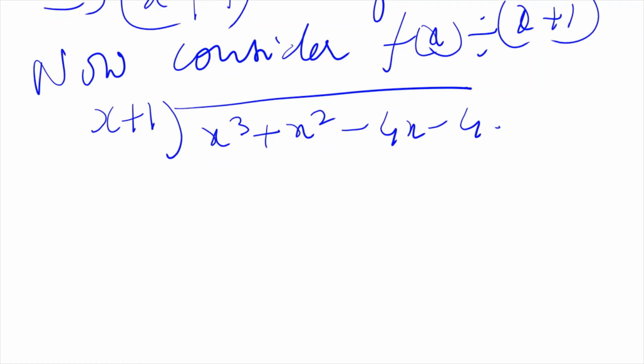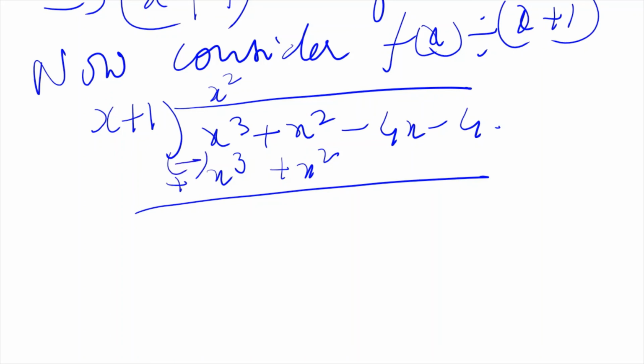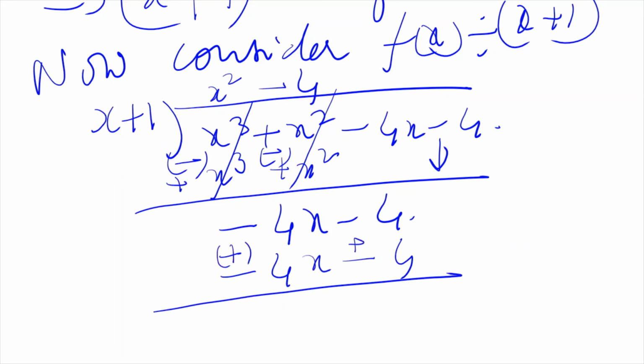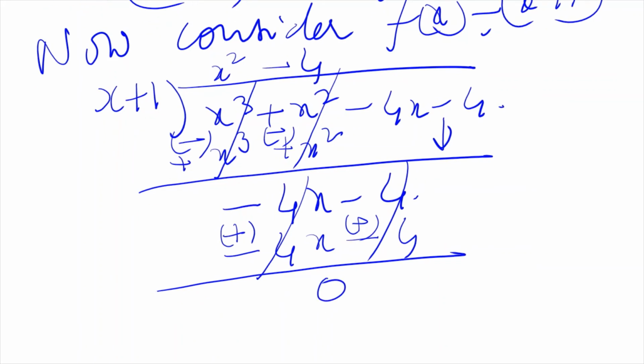So x cube upon x is x square. x square into x plus 1 is x cube plus x square; change the signs, and these two get cancelled. You bring down minus 4x minus 4. Now when you divide minus 4x by x, you get minus 4. Minus 4 into x is minus 4x, minus 4 into plus 1 is minus 4. Again change the signs, and these get cancelled. So the remainder is 0, and the quotient is x square minus 4.